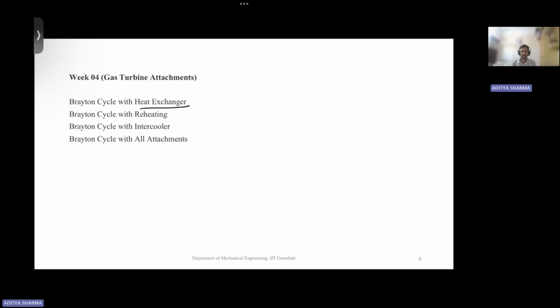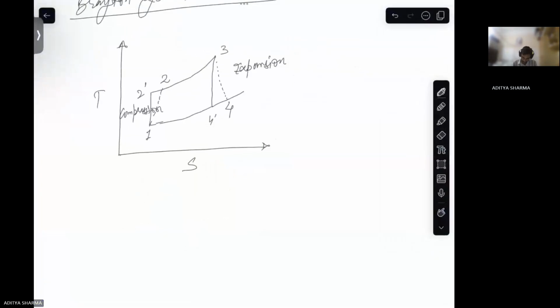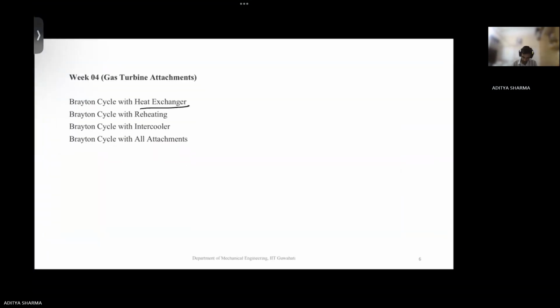So you have Brayton cycle with heat exchanger, Brayton cycle with reheating, Brayton cycle with intercooler, and then Brayton cycle with all attachments. So let's see with heat exchanger. This is week 4.